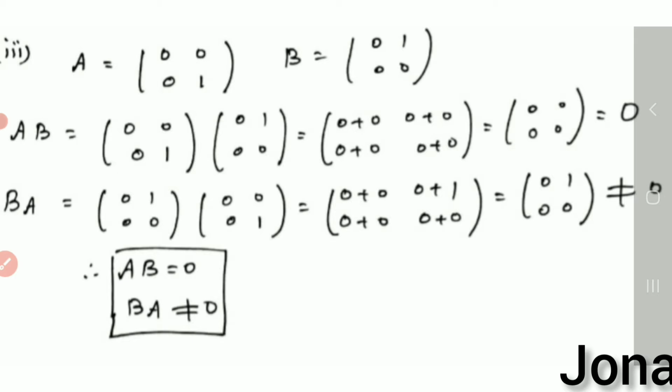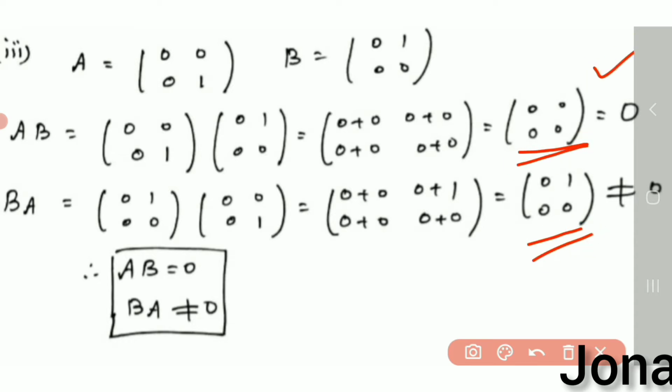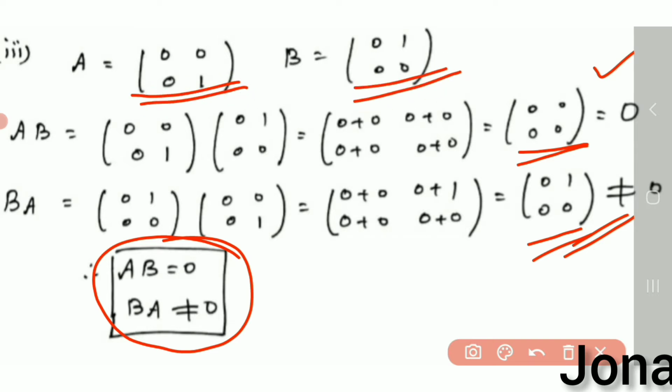Both the things are not equal, and this AB is equal to 0 and this BA is not equal to 0. So by satisfying this condition, we want to take the matrices on our own. If we take this, we can conclude like this.